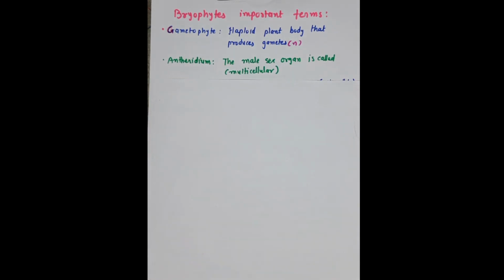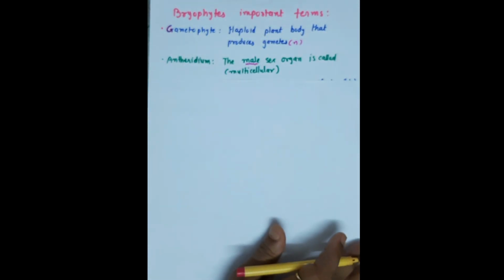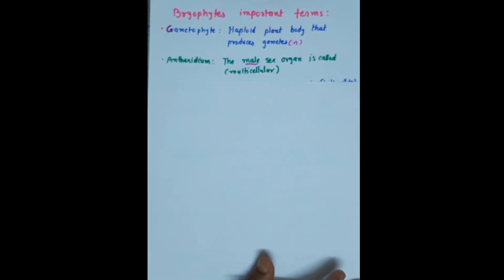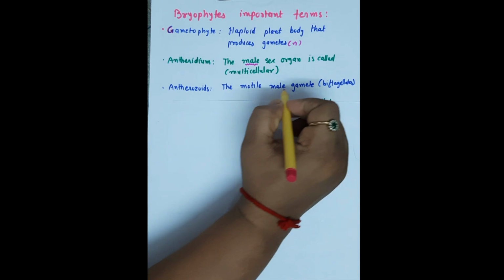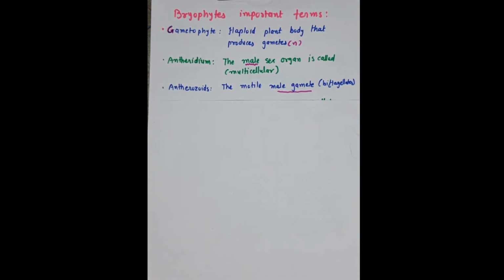Now antheridium. The antheridium is the male sex organ and it is always multicellular. Now anthrozoids: the motile male gametes are known as anthrozoids.